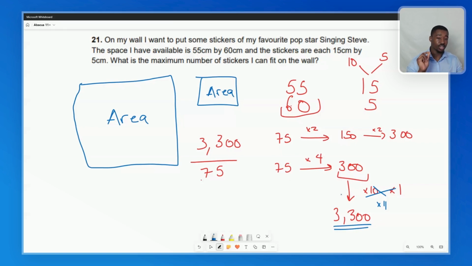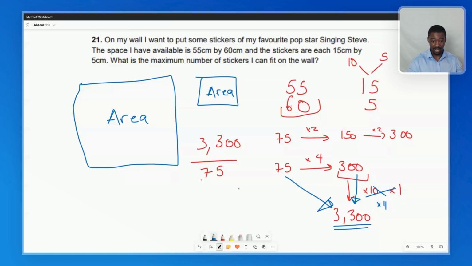But if 300 times 11 gives us 3,300, and 75 times 4 is 300, or 300 is just 4 times more than 75, that means if we're looking at 75s into 3,300 and not 300s into 3,300, it's going to be 4 times more. So instead of it being times 11, it's going to be times 11 times 4.